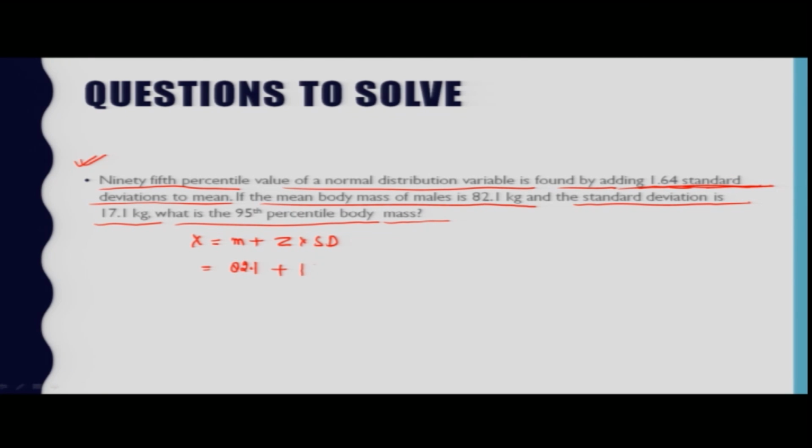So, it is something like 1.64 into the standard deviation, which is 17.1, that will come out as 28.04 something, and 82.1 plus that will come out as 110.14.